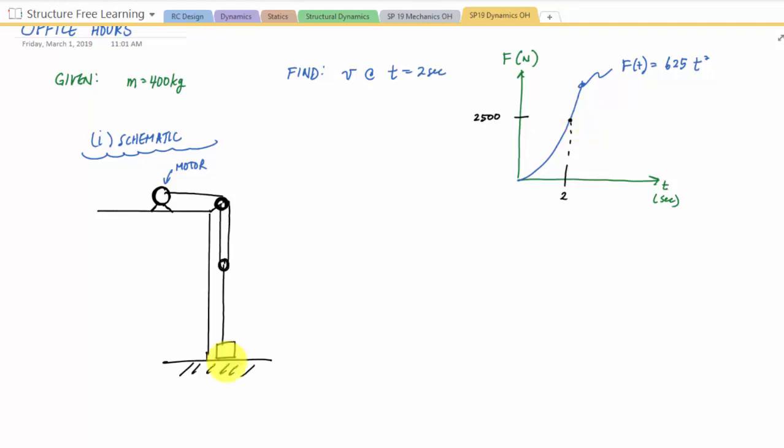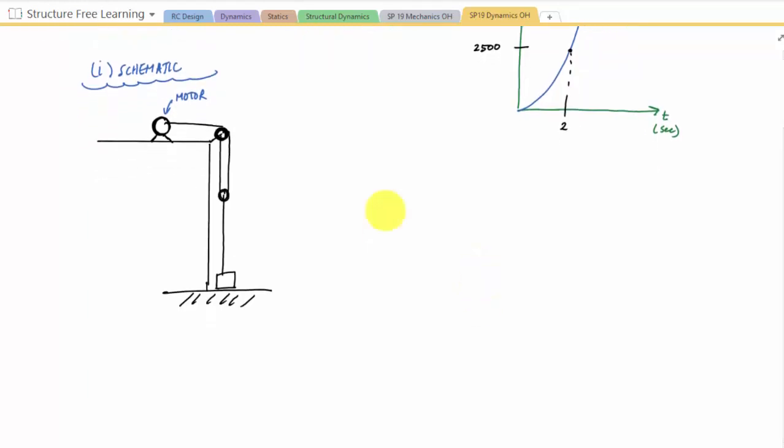Right when it starts lifting off the ground, I need the force, which really means a static case. That instant the crate just starts to lift off the ground, that'll be the force in the rope. Then I have to apply that force in a dynamic case.